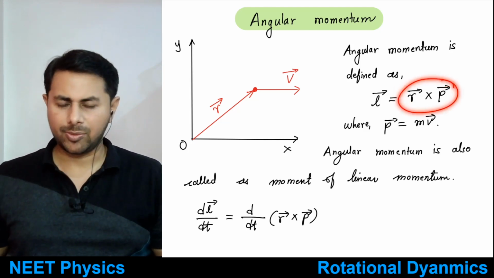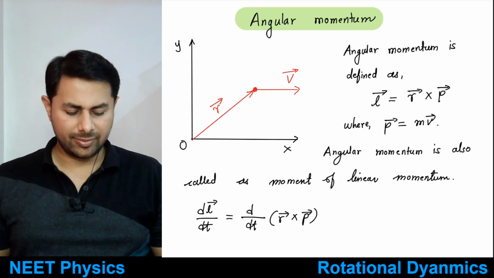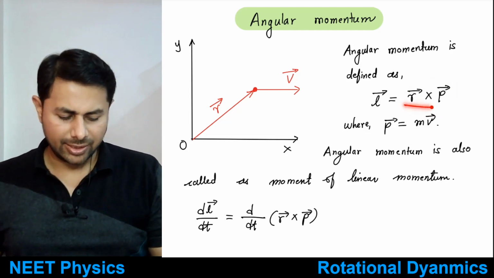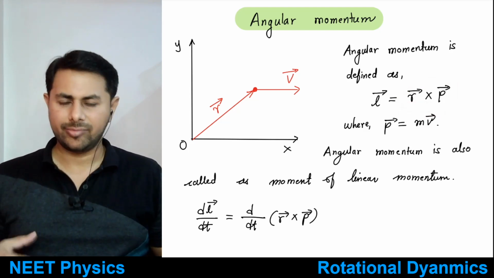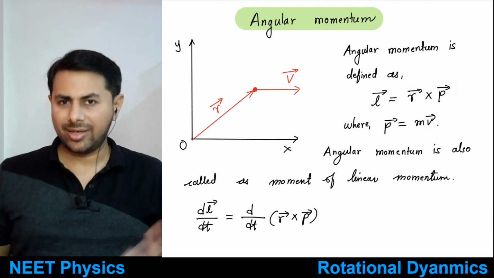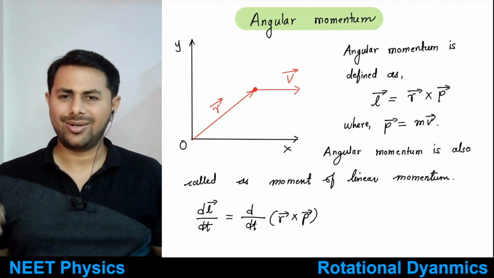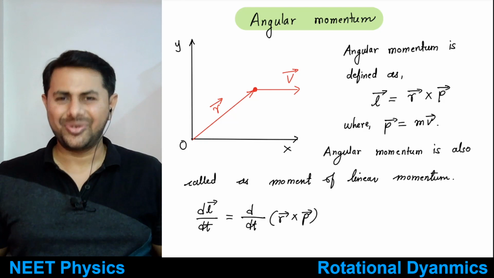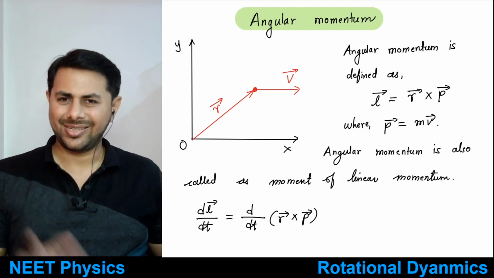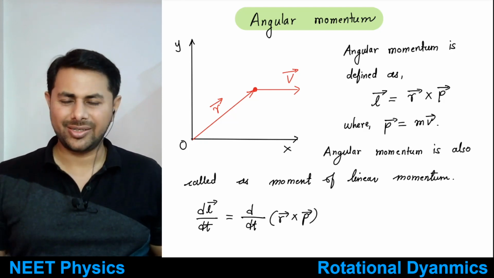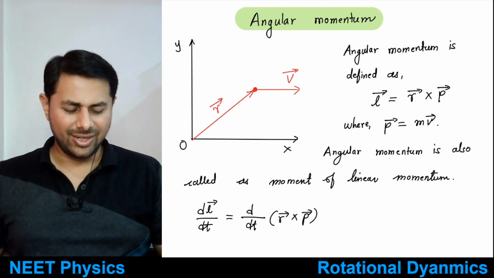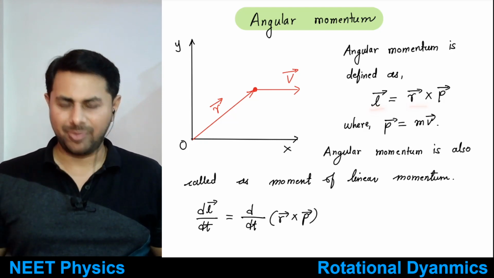This quantity might seem meaningless or of not much importance, but it comes out to be very important in the case of rotational motion. We'll see that. So angular momentum is r bar cross p bar.